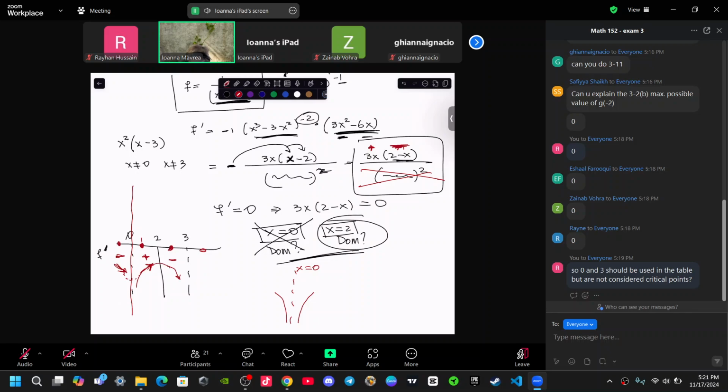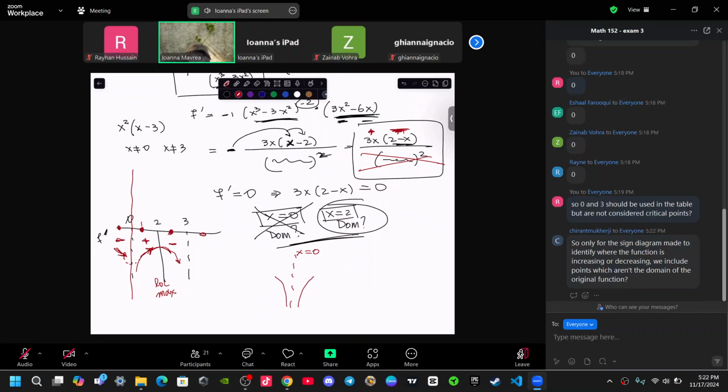Here I do have something nice. Here I have a local maximum. Before you say this is a local maximum, this is a local minimum, you keep on looking at the domain. Make sure this thing you're going to mention is in the domain of the function. And then pick a number like gazillion. Put it in, definitely negative. So that's also going to be negative.